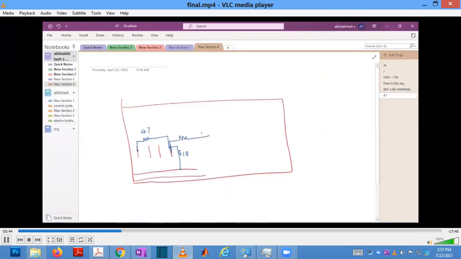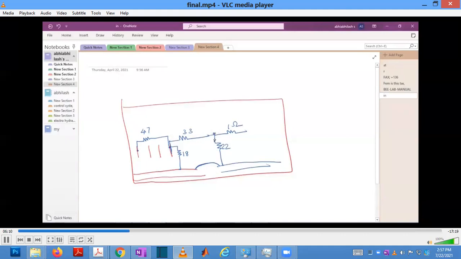Like this only the breadboard connection you have to do. Be careful that these points are short circuited. If you connect one terminal here and another here, that is an open circuit only. The resistance won't be part of the circuit. So be careful that the common terminal you have to connect, and another one is connected to here.